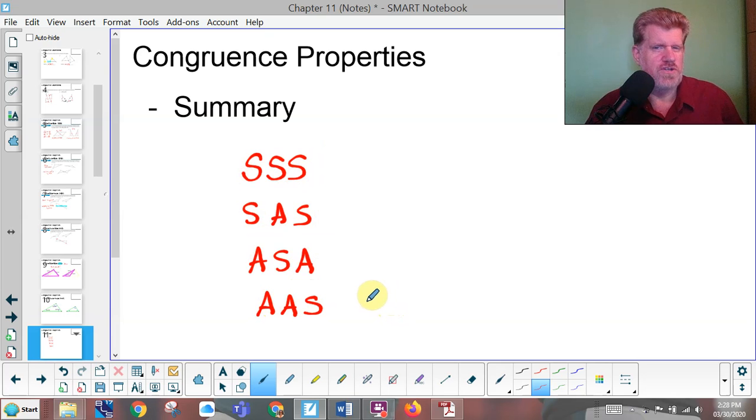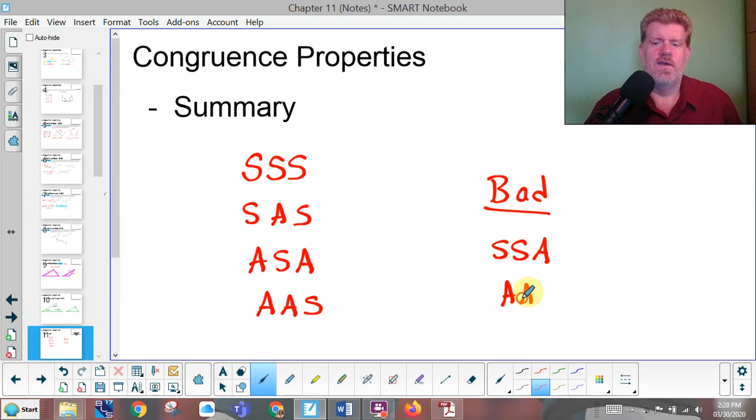Now there's a couple special ones with a right triangle. These all work with right triangles though, but you ever hear of hypotenuse leg? Things like that. It's really just another word for this. So these are good, and these are bad. Side, side, angle, and angle, angle, angle. They do not work. They're not bad, they just don't work. They do not prove that a triangle is congruent. Okay, so you can't use them.